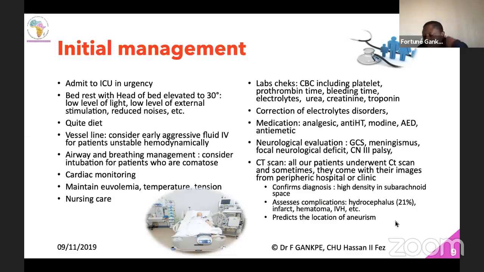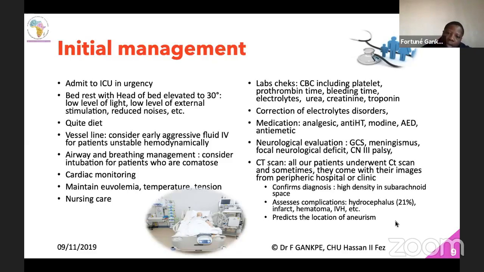In our setting, all our patients undergo CT scan, and sometimes they come with the image from another hospital or clinic outside. The goals of the CT scan are to confirm the diagnosis by showing high density in the subarachnoid space and to assess complications, for example hydrocephalus, which accounts for 21%, and also infarct and hematoma.